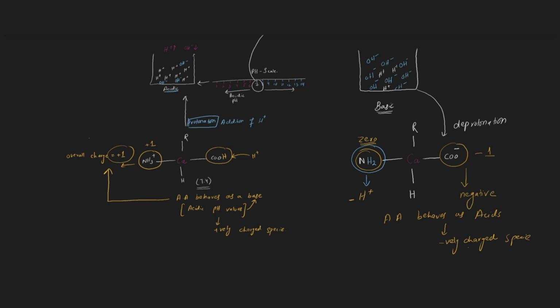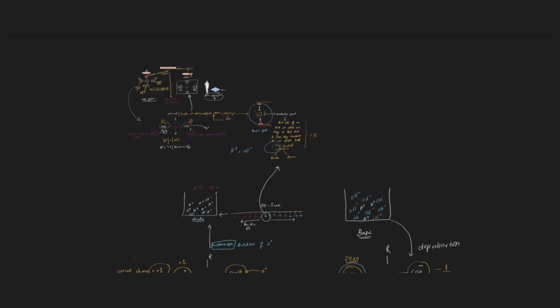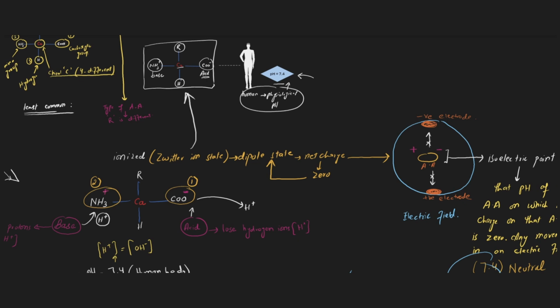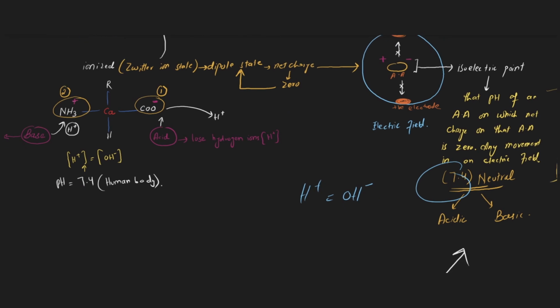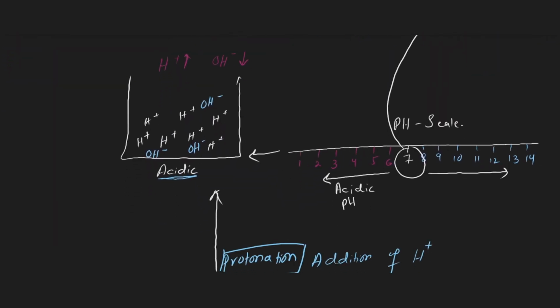I hope this is clear to you, that at neutral pH values, that is at pH of 7.4, 7.2, 7.3, the amino acids exist in the Zwitterion state, where the positive charge and negative charge are almost equal, and the overall charge on the amino acid is 0, and it doesn't show any movement in the electric field.